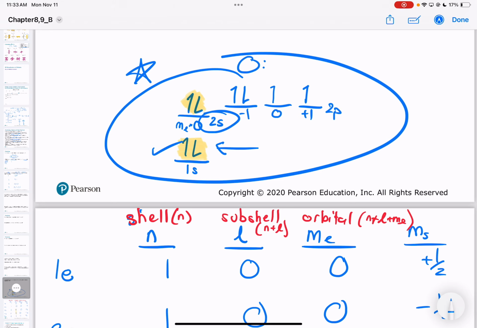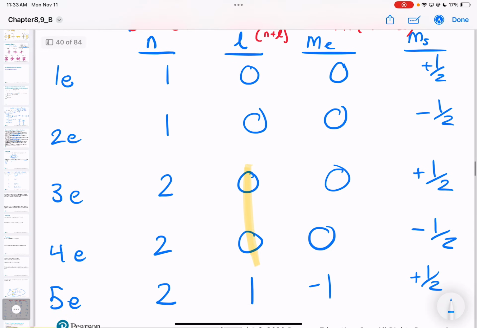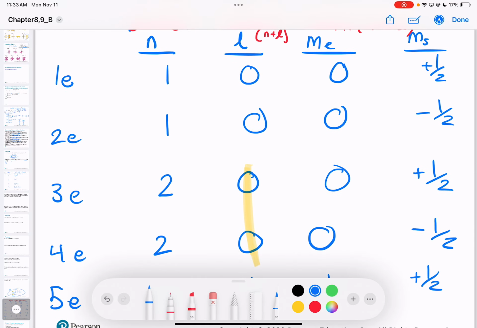Yeah. So then on the chart that we made below, would the first 2 rows be the 1s? Yes. And then the second 2 are the 2s? Yep. So remember, S is 0. So these, 1, meaning N equals 1, S, meaning L equals 0.